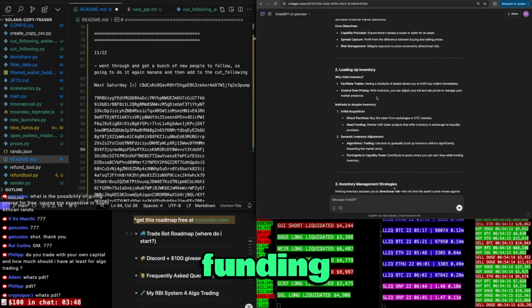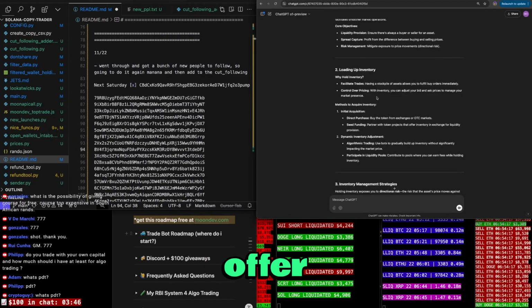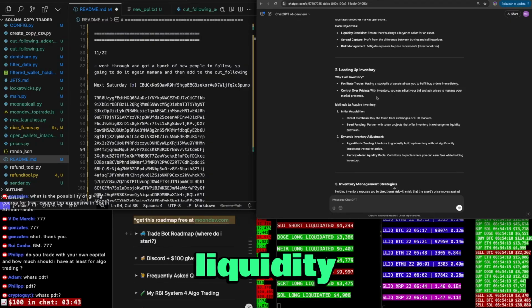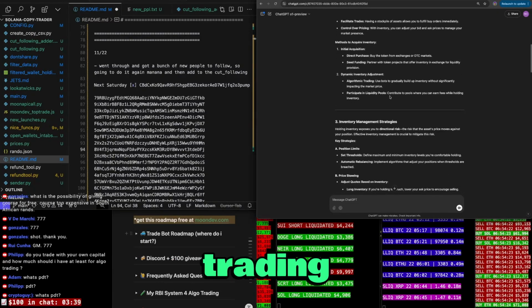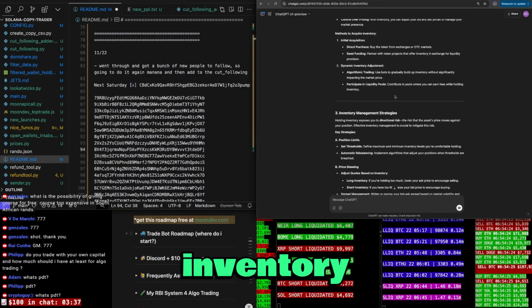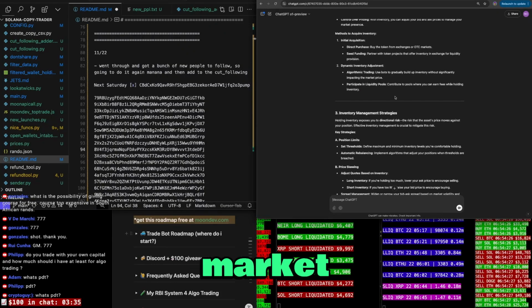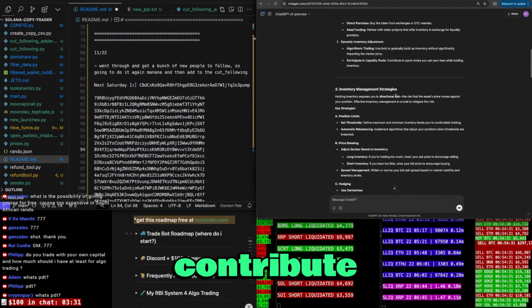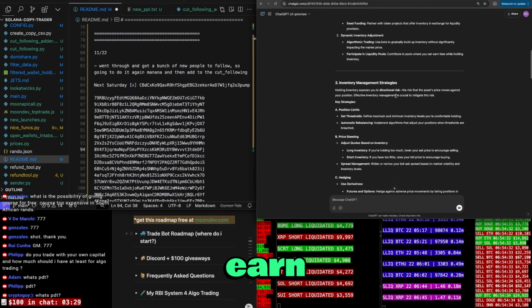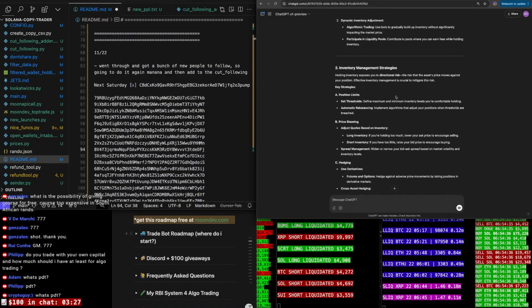Seed funding, partner with token projects that offer inventory in exchange for liquidity provision. Dynamic inventory adjustment, algorithmic trading, use bots to gradually build up inventory without significantly impacting the market price. Participate in liquidity pools, contribute to pools where you can earn fees while holding inventory.